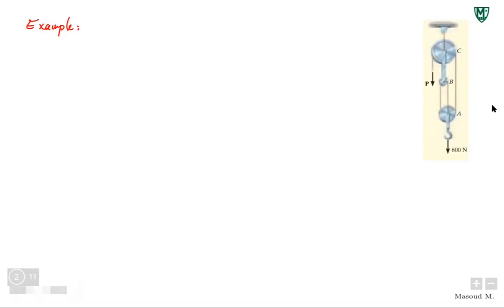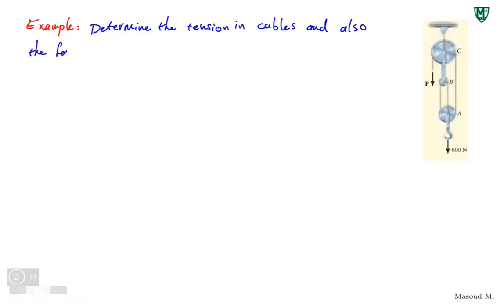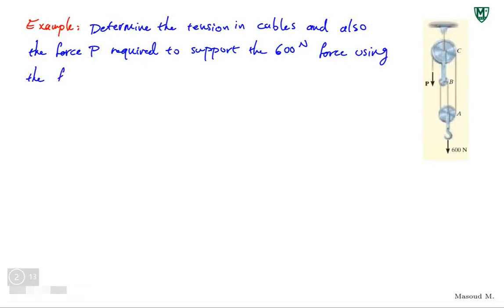are analyzing this machine. So the problem statement, if you want to write it, let's put it this way: determine the tension in cables and also the force P required to support the 600 newtons force using the, specifically it is mentioned that these pulleys are frictionless, so we don't need to be worried about the friction there.